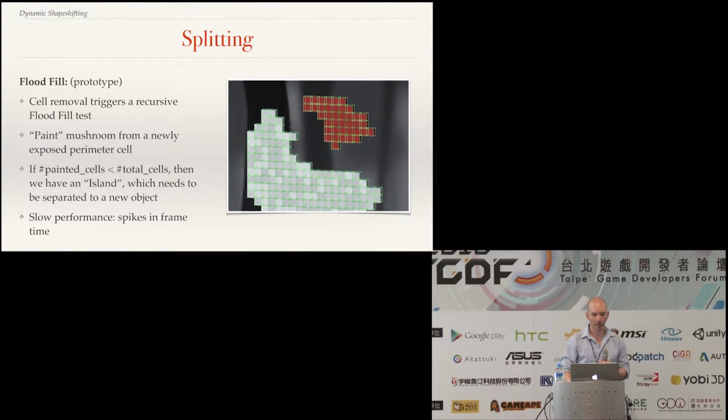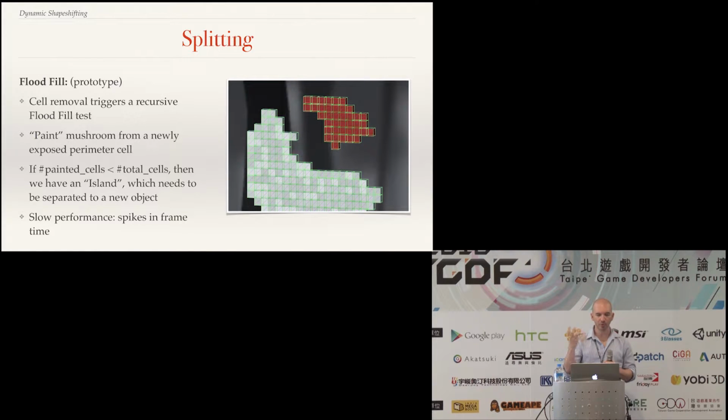One simple way is to use flood fill, and every computer science person here probably knows what it means. You paint recursively the area that you suspect might be an island. Every time there's a change, I look at the exposed and new perimeter cells, and I start a flood fill.